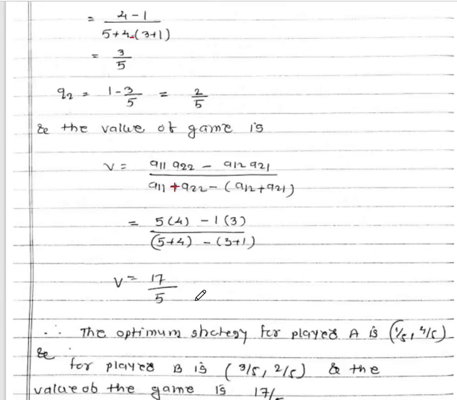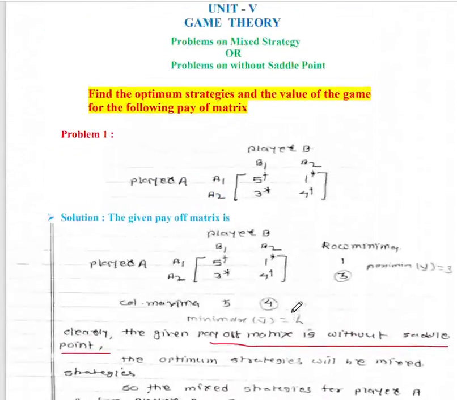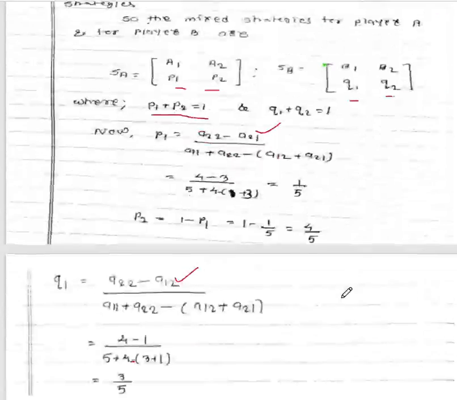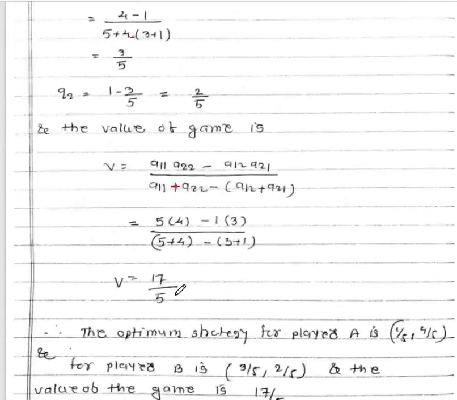This 17 by 5 must lie between minimax and maximin, 3 and 4. If you observe, 17 by 5 lies between 3 and 4. Therefore the value of the game v is 17 by 5.